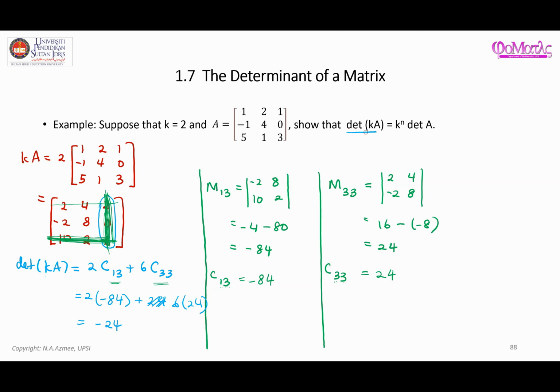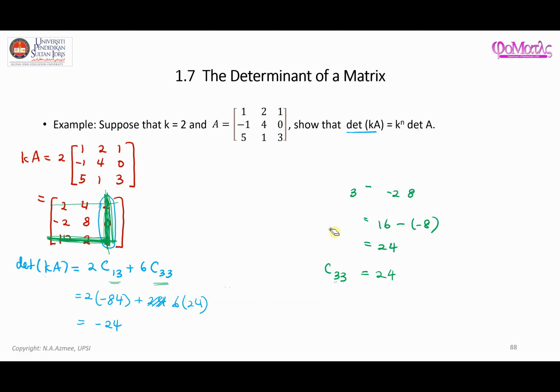So this part here. And then we're going to show that if you consider the right hand side, this process here, the result is the same with what we have just obtained, which is -24. Yes, so that's what we're going to do next. And I'm just going to erase this part here because we are done with this one.